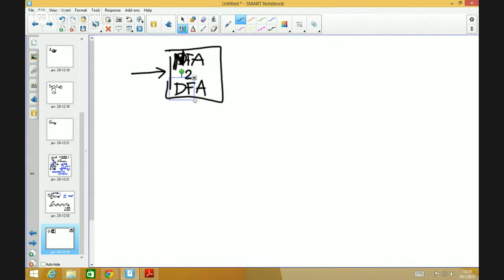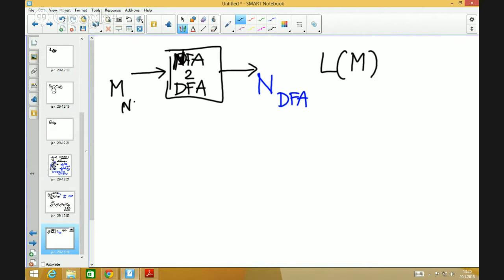So what we want is something that takes as input a machine M, which is an NFA, and spits out a machine N, which is a DFA. What is the relationship? The relationship is that the language accepted by M, the NFA, should be exactly the same as the language accepted by N, the target of the translation.